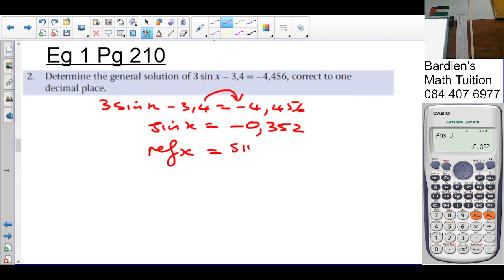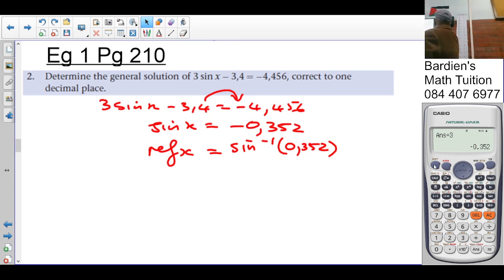Arc sine of 0,352. Divided by 3. So you say arc sine of the positive part of it. 20,6. You all agree with that?